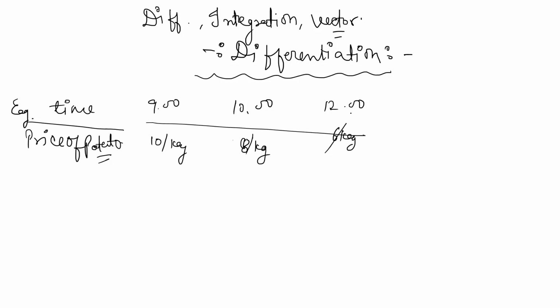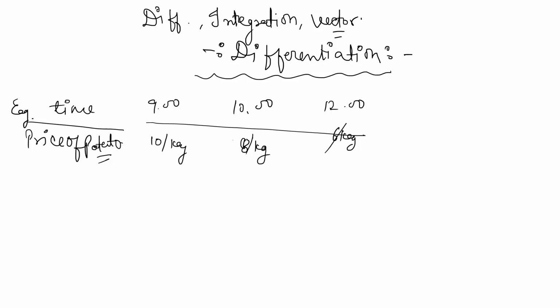Now the question is that our interest is to find out the change of the price with respect to the change of time. Our interest is to find out how much the price changes accordingly.